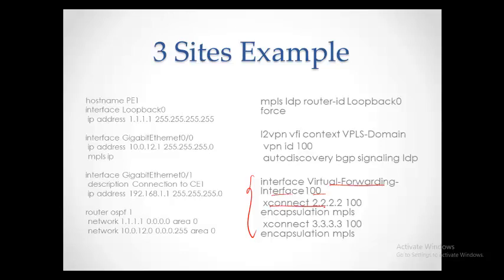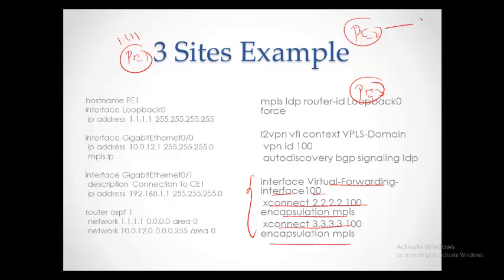PE2, PE3, connected to customer edge 2, customer edge 3, customer edge 1, and we have a big internet site in the middle, across the globe, across the geographical location.